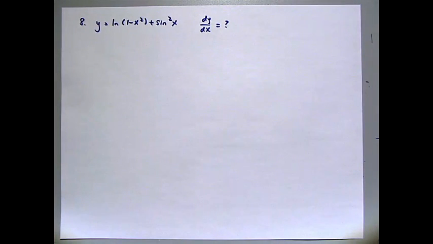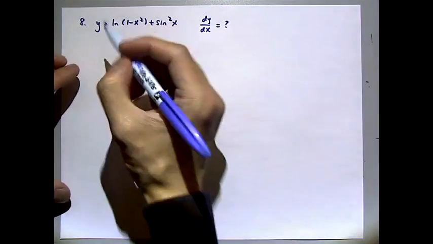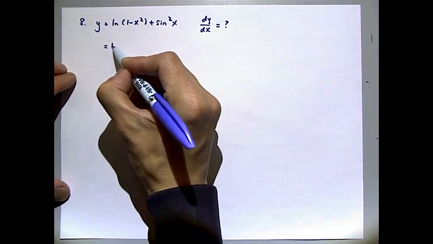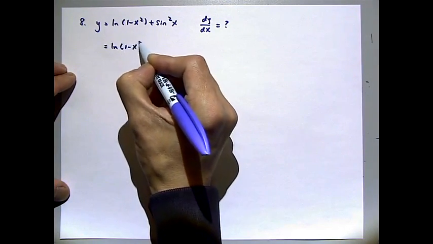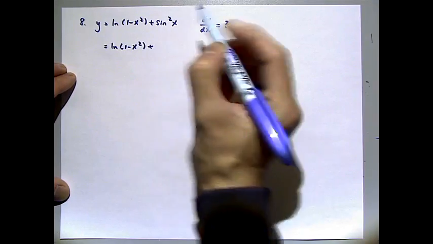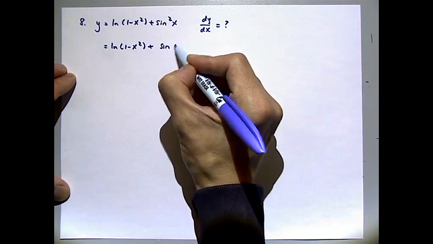Number 8, we're looking for the derivative of natural log of 1 minus x squared plus sine squared of x. You have to be really careful with the way we give powers to trig functions.